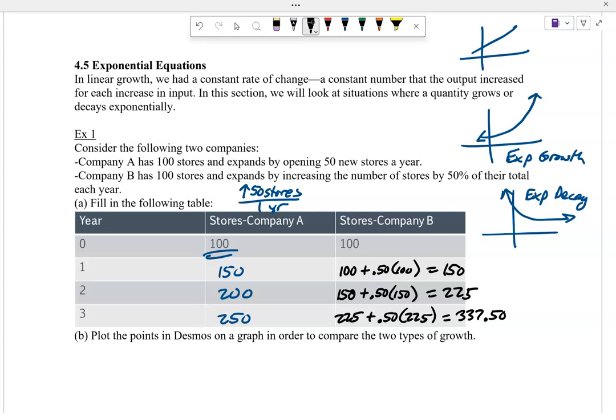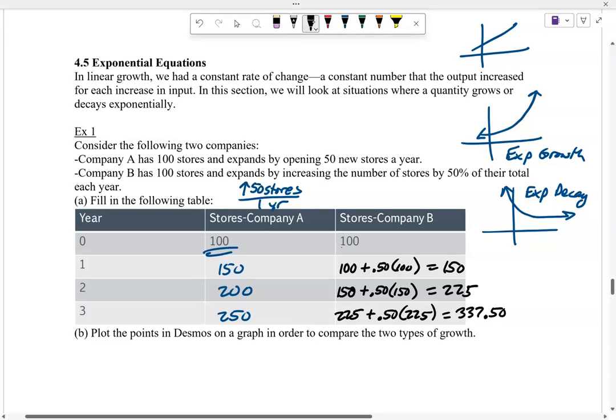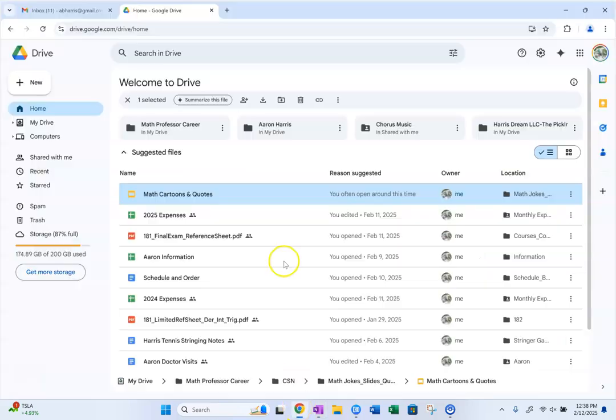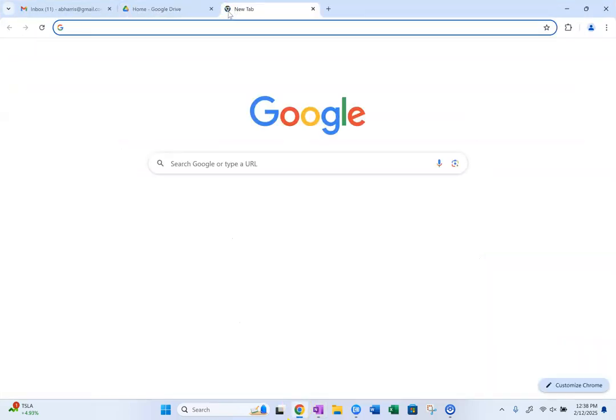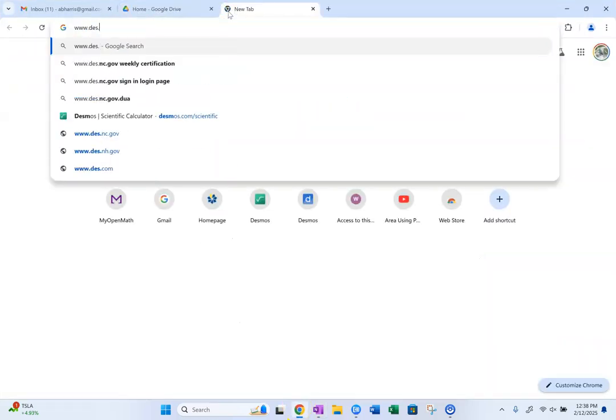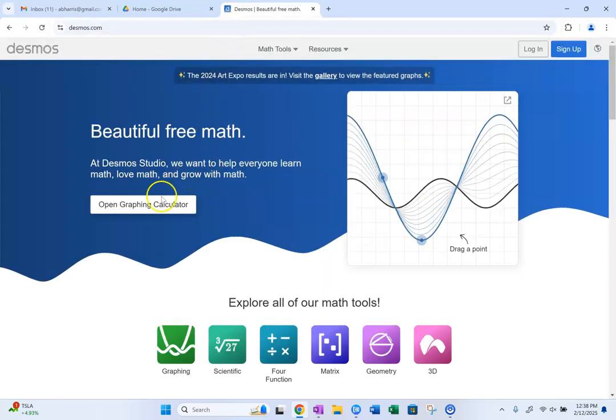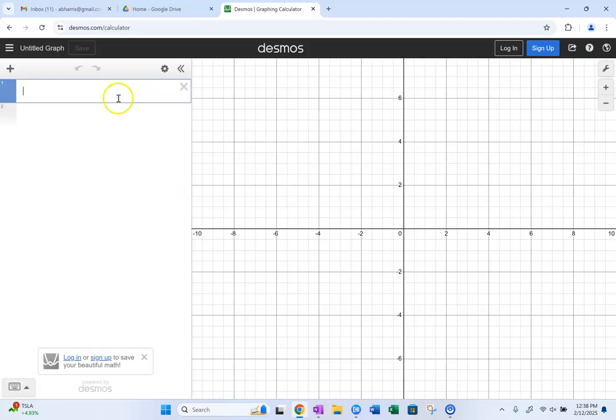So I want to just show you in Desmos. If you want to pull up desmos.com, we're going to go ahead and graph these companies with that graphing calculator. So desmos.com, graphing calculator, open graphing calculator.